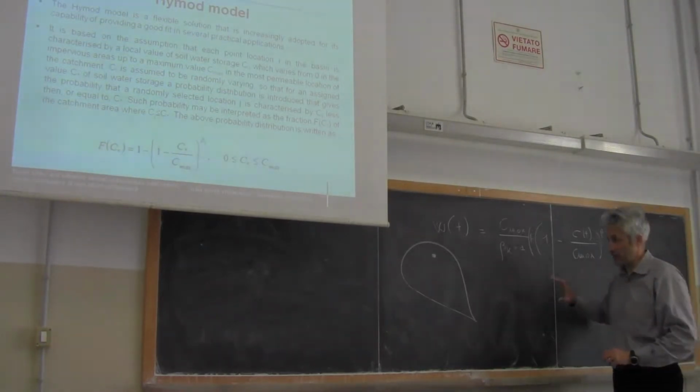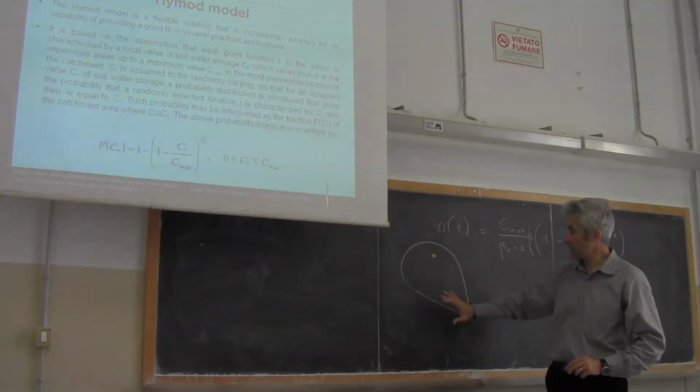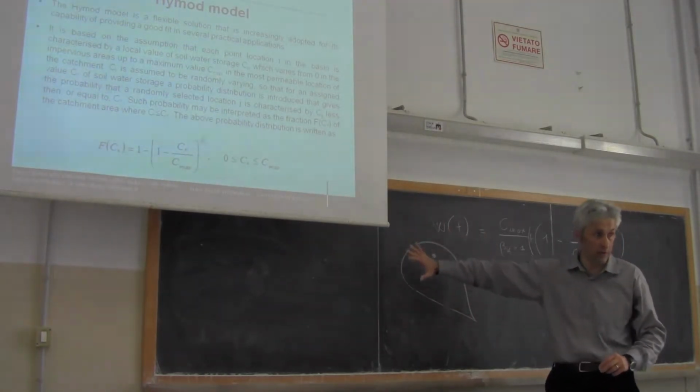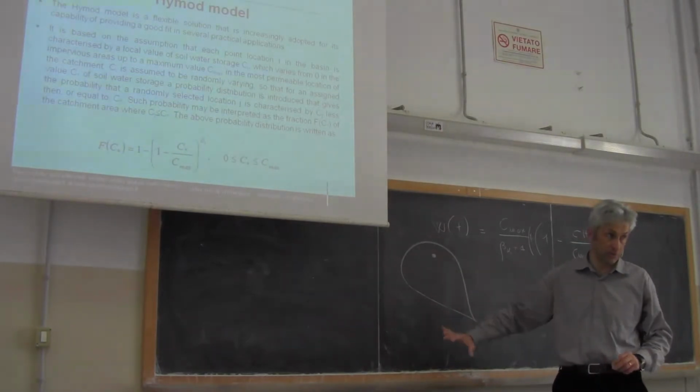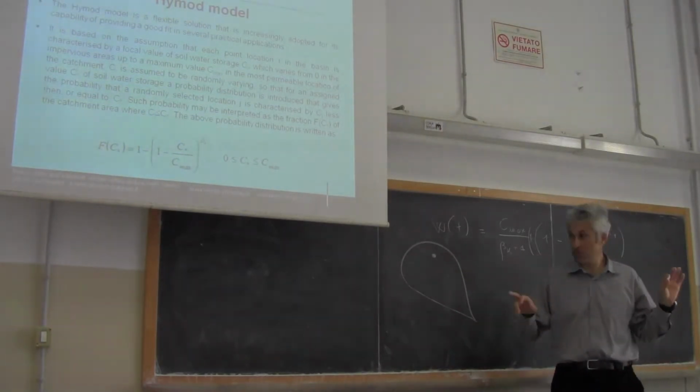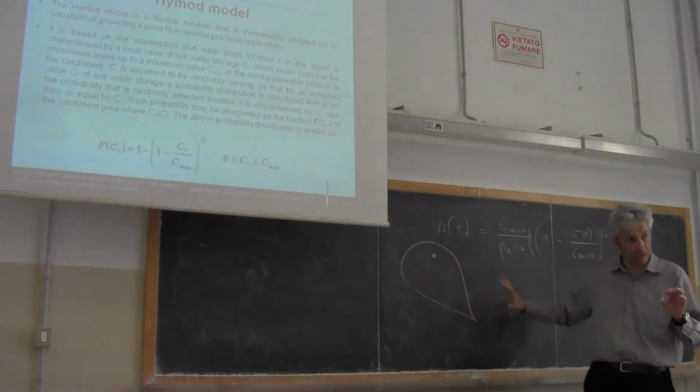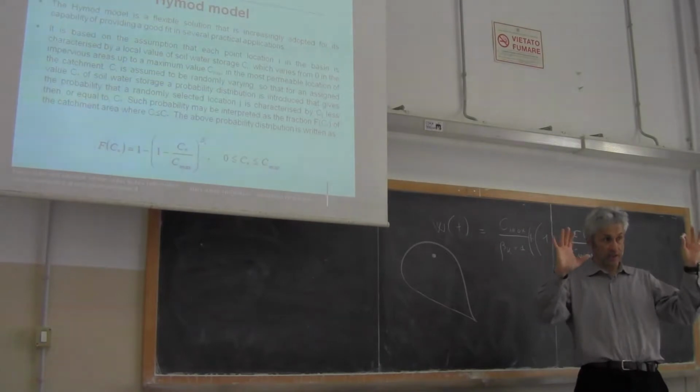When I look at the whole storage, there is a maximum amount of overall storage that I can compute. So keep in mind the difference between an individual location and a global view over the catchment.